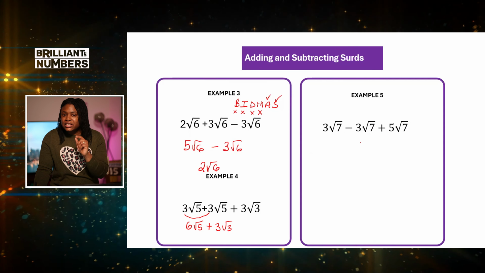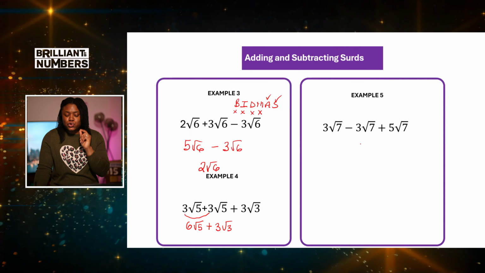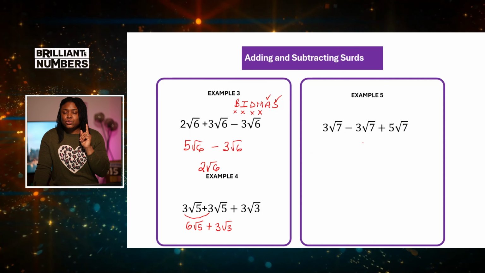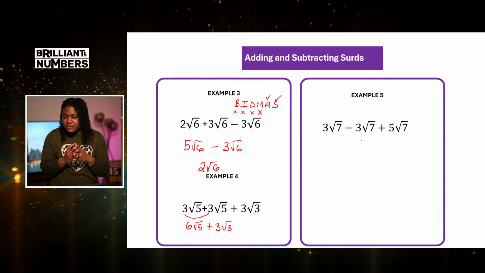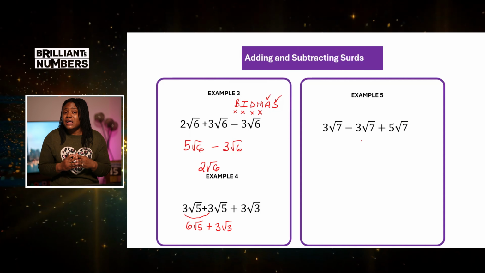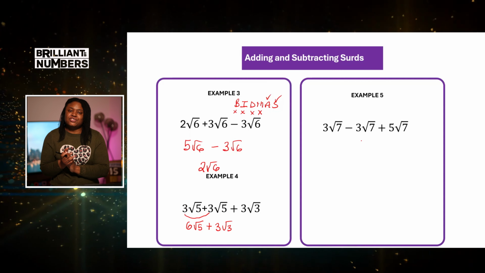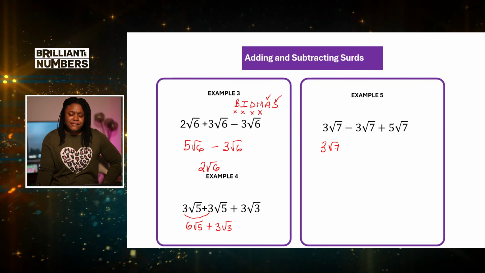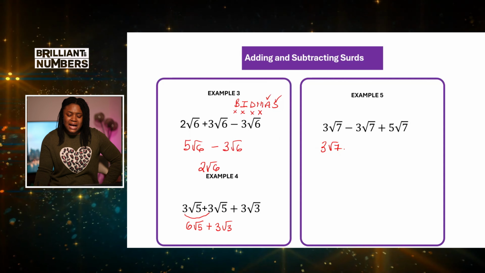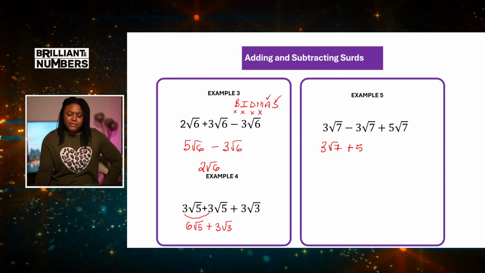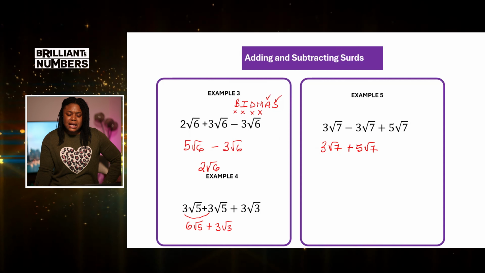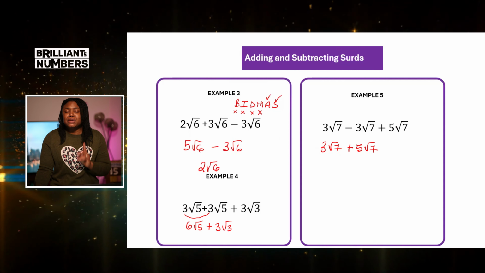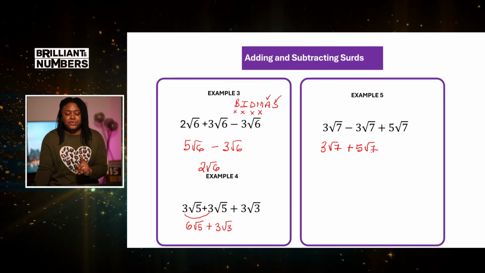So my suggestion to ensure that we do not mess this up is to always collect the positive terms first, add them together, then deal with the subtraction. So what I'm going to do is to do 3 root 7. I'm going to go over and I'm going to do plus 5 root 7. Now when I get my answer, I'm now going to subtract the 3 root 7.